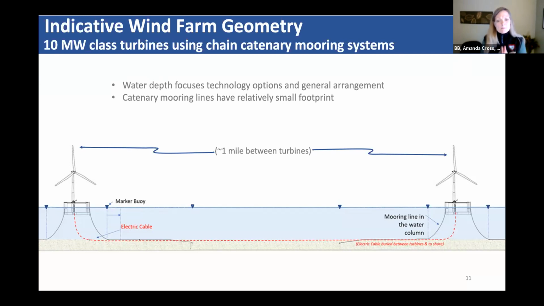But the reason I'm presenting it here is that as we have this discussion around configurations, I'd like you to keep in mind that we're talking about the elements of turbines that are both above the water as well as the elements that are below the water, and the different things that might interact with them above and below and both. We're using 1 mile as a starting point for the spacing between the turbines, but that's something that we'll discuss as part of this session as well. Next slide, please.